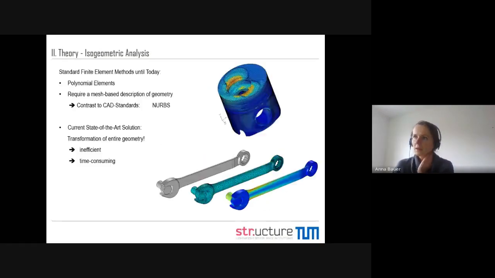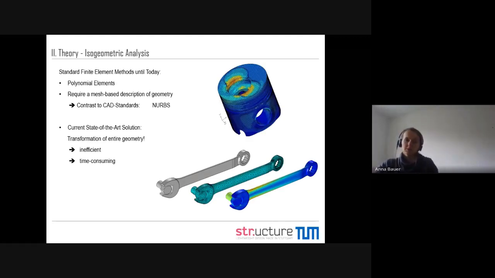The classical approach is to take the CAD geometry and remesh it to a mesh-based geometry consisting of polynomials. This is quite contradictory to the CAD model, which originally consists of NURBS. This is the current state of the art, but it's rather inefficient and time-consuming if the mesh isn't easy to generate.